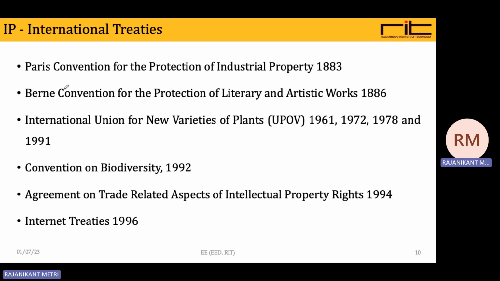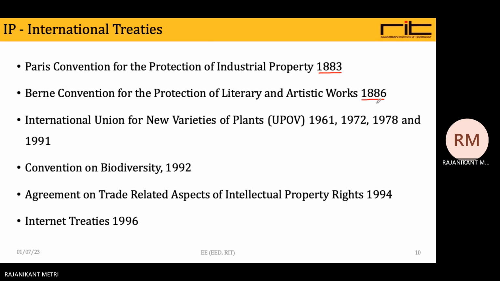So for international treaties on intellectual property, what is the timeline of their establishment? The Paris Convention for the Protection of Industrial Property happened in 1883. Then the Berne Convention for the Protection of Literary and Artistic Works was in 1886.